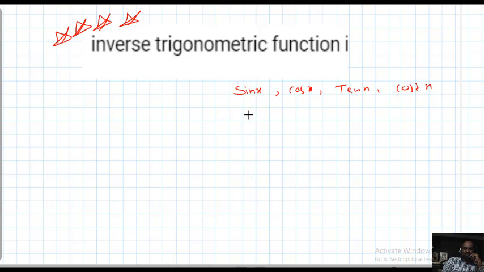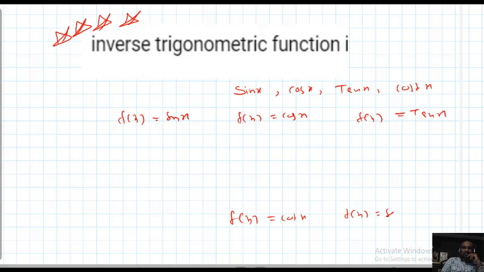These are trigonometrical functions. f of x equals sin x, f of x equals cos x, f of x equals tan x, f of x equals cot x, f of x equals secant x, f of x equals cosecant x. These are basic trigonometrical functions.